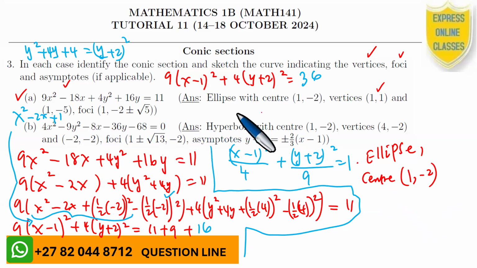The description corresponds with this. Let us deal with the vertices. To deal with the vertices, we need to remember that A is always the biggest. So A is bigger than B, always, for the ellipse.